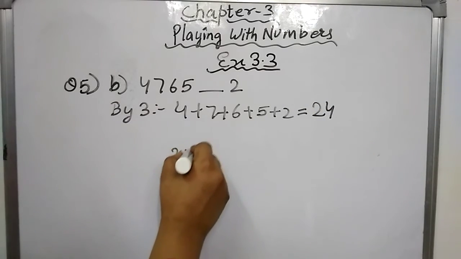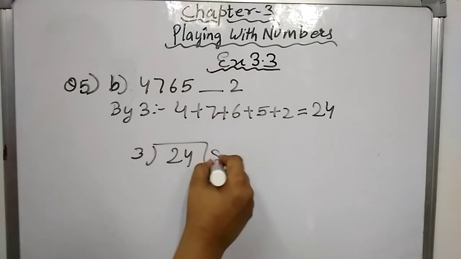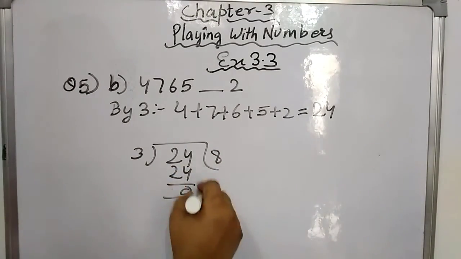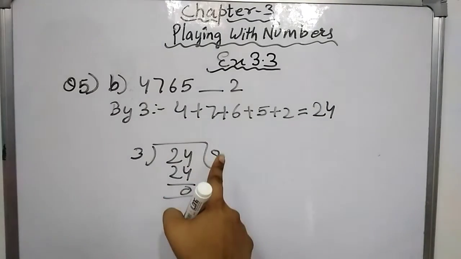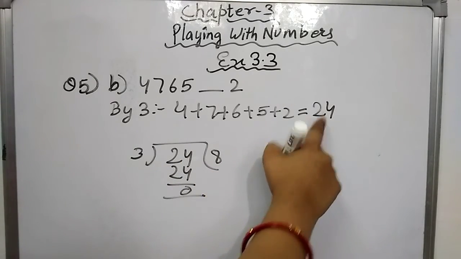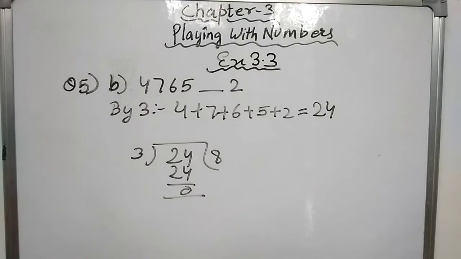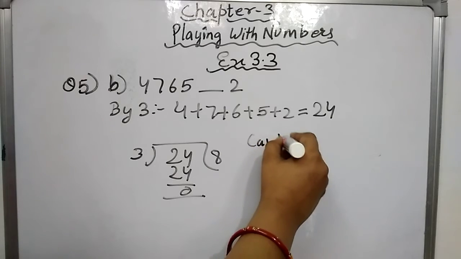And 24 can be divided by 3. Quotient is 8 and remainder is 0. So that means we do not need to add any number to this sum. So the required digit can be 0.